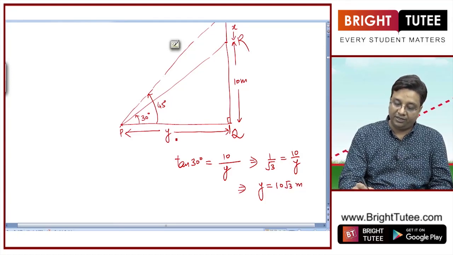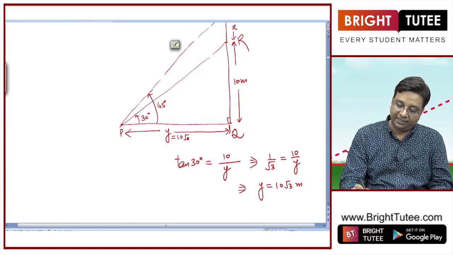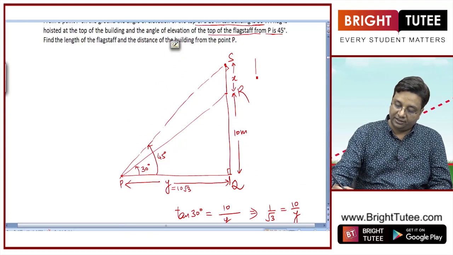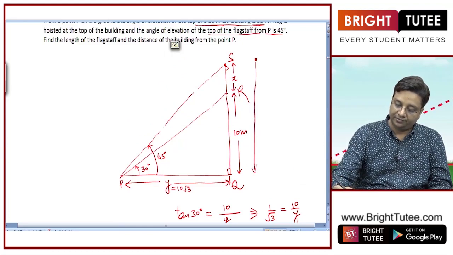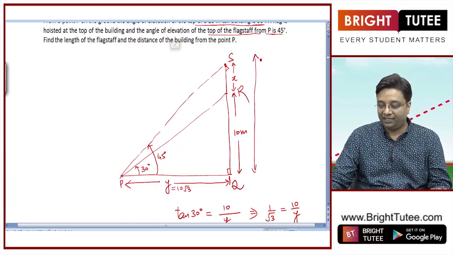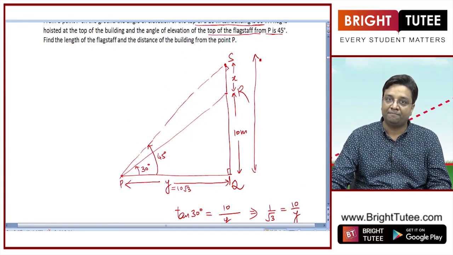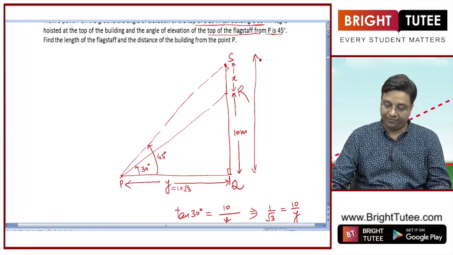Okay. Now we have got the value of y as 10 root 3 meter, and we need to find this height QS. If I find QS, then I will subtract QR from it and I will get SR, which is the height of the flag staff.